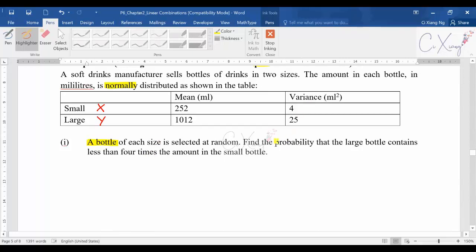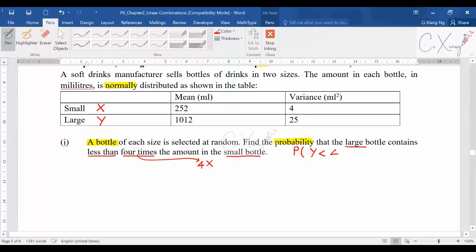They want you to find the probability that the large bottle, which is Y, contains less than, so less than means smaller, 4 times the amount in the same small bottle. How many small bottles do you have? Only one small bottle. And the keyword 4 times tells you that when you write it out, it should be 4x. It is not x1 plus x2 plus x3 plus x4. Understand? So this one should be 4x.